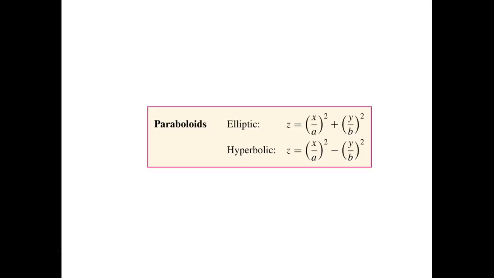What you have in either direction, well, first, when z is constant, we've already determined those are going to be hyperbolas. So slicing your level curves parallel to the xy-plane will give you hyperbolas.